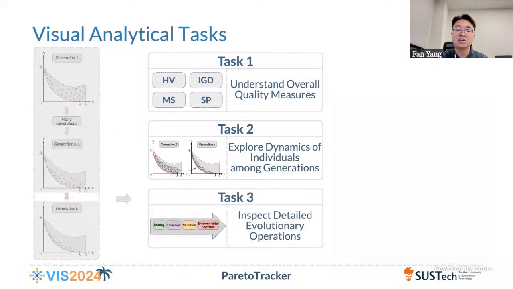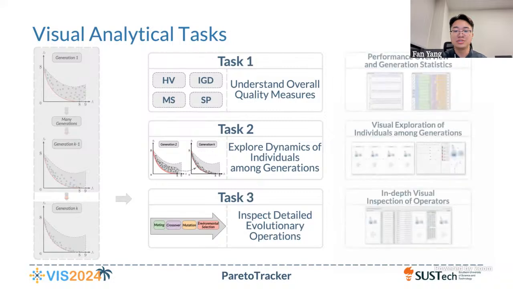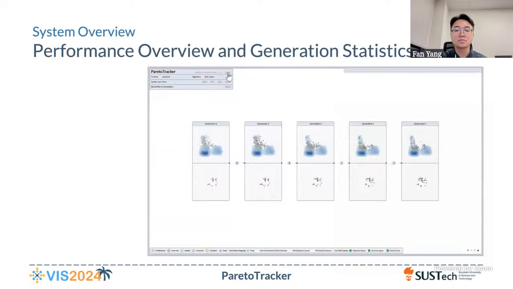Finally, at the most detailed level, to understand the evolutionary process, we need to inspect each operator. To meet these requirements and tasks, we designed the corresponding visualization modules, ranging from overview to detailed insights. Now, let's take a look at our multi-level visual analytic framework.